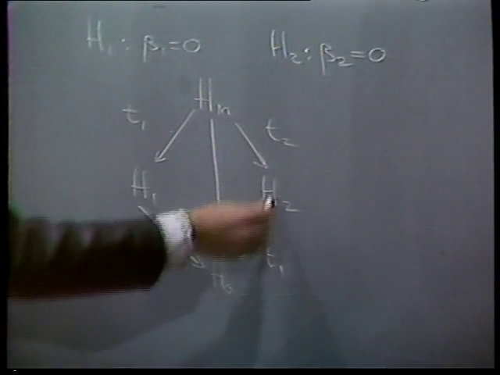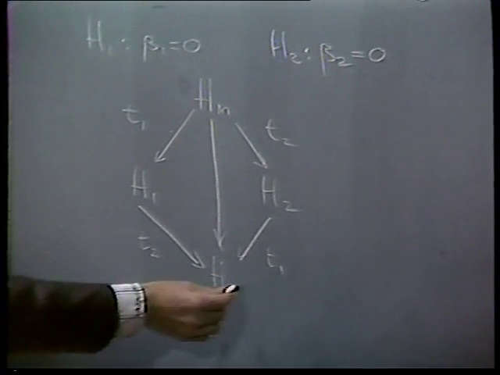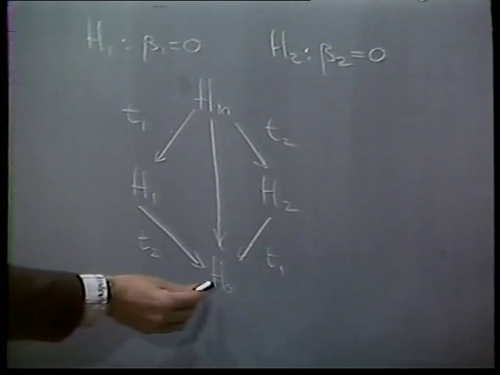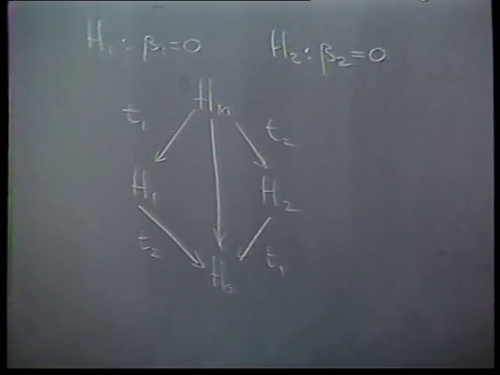And if we don't reject both H2 and H1 in that sequence, we wouldn't reject H0. And that gives us another sequential method of testing H0 against the maintained.